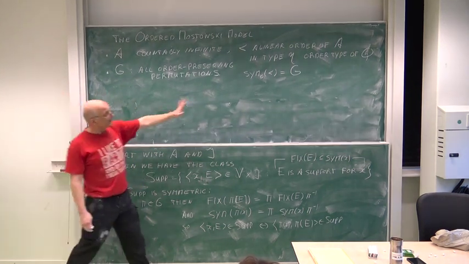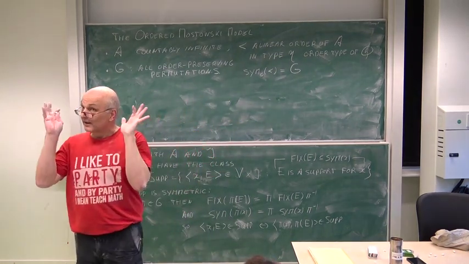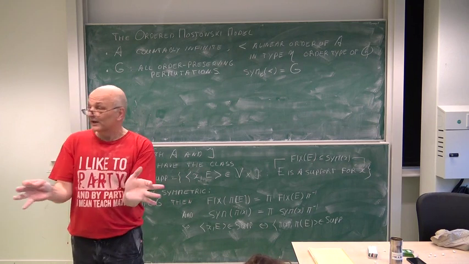And because the rest is ordered pairs of atoms and everything, the order is already in the permutation model.